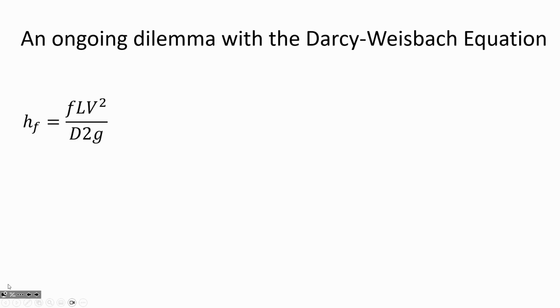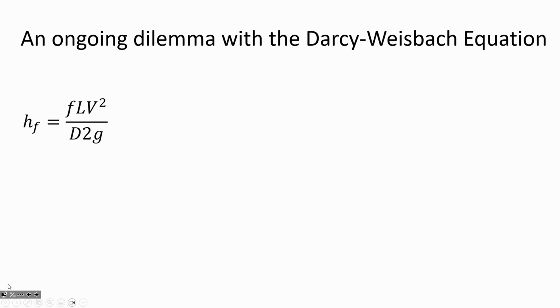Now, just to revisit this ongoing dilemma that has popped up already twice before, the tricky thing about the Darcy-Weisbach equation is we know it's accurate, but that accuracy comes for a reason, and it comes at a cost. The reason why it's accurate is because the f value adjusts to the actual flow conditions.